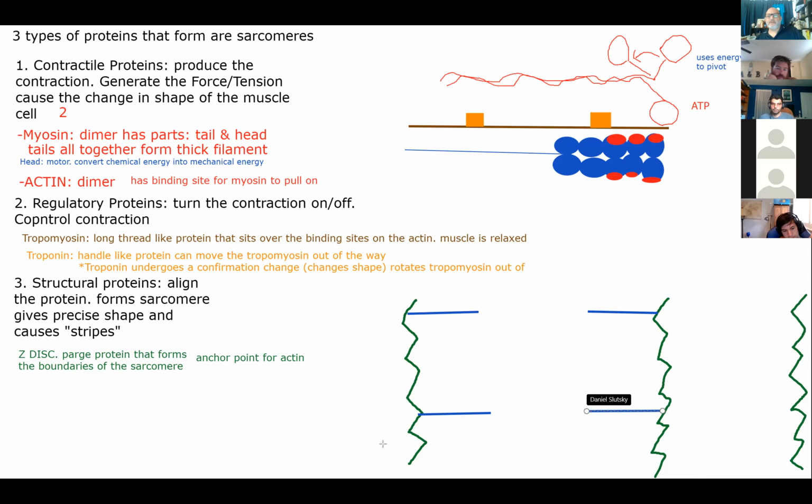All right. So there's our actin. Here's our Z disc. Remember, our myosin is going to be this big, thick filament that happens to sit here in the middle. And remember, this is going to have all those myosin heads that come off of it.